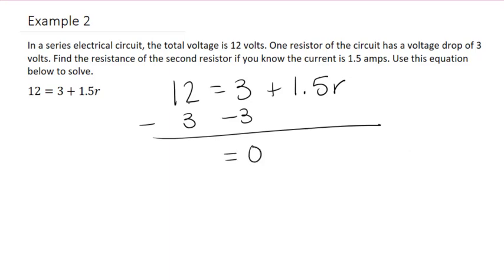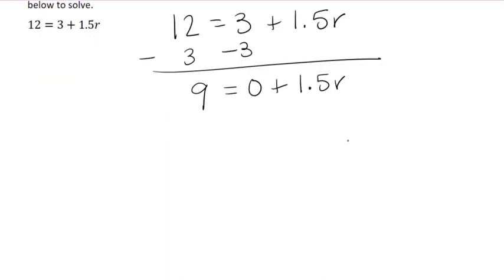Now we have 12 minus 3, which is equal to 9, and we still have the 1.5 R. So let's write this as 9 is equal to 1.5 R.